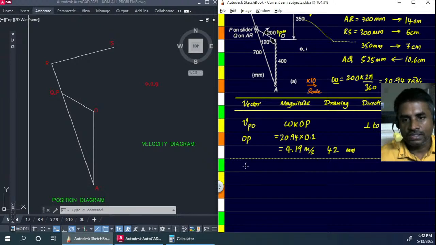So this is our first velocity. Similarly, let's find out all the other velocities that we'll have to either find, or that will be given, and then we'll slowly start drawing the velocity diagram.